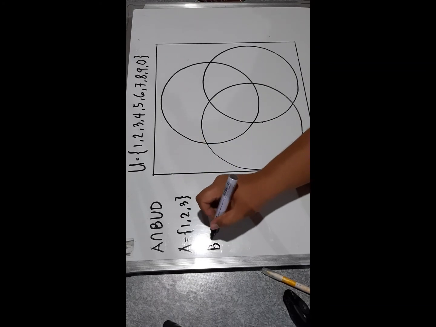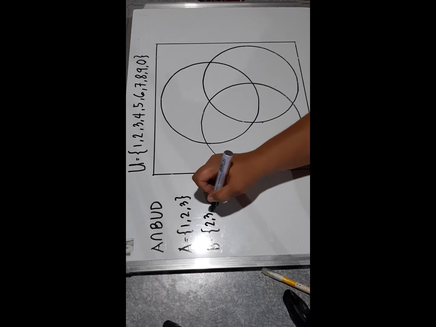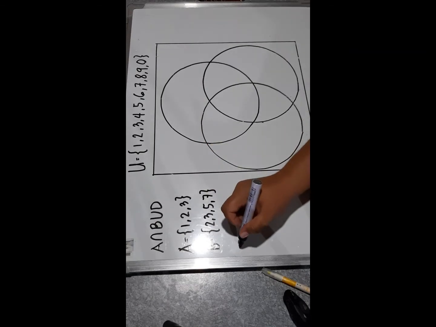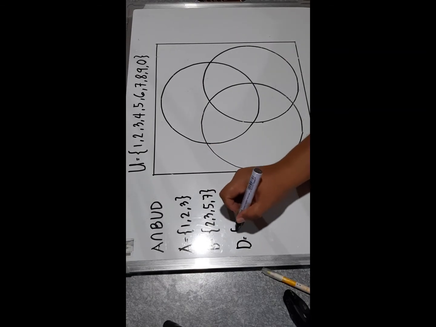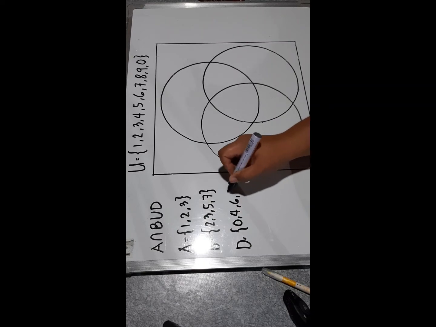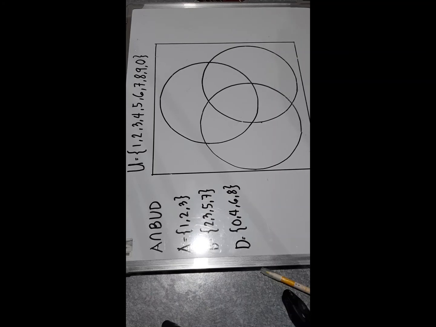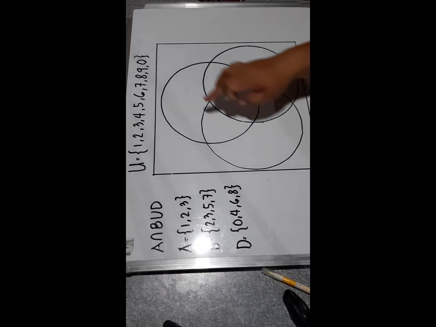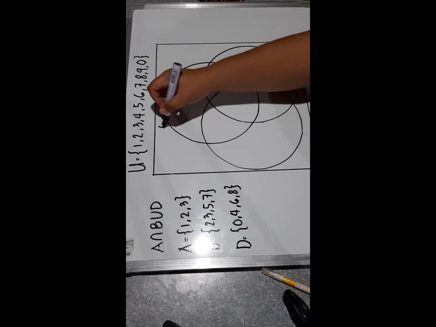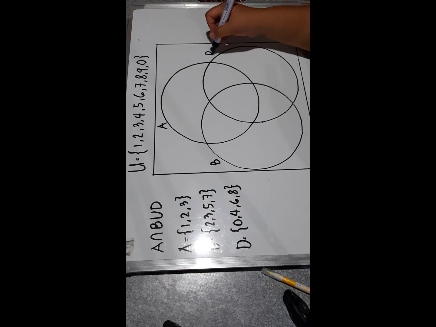Our B, on the other hand, has 2, 3, 5, and 7. And our D has 0, 4, 6, and 8. Now, since we have 3 sets involved, we have three circles. So you can label this one as A, this is B, this is D.